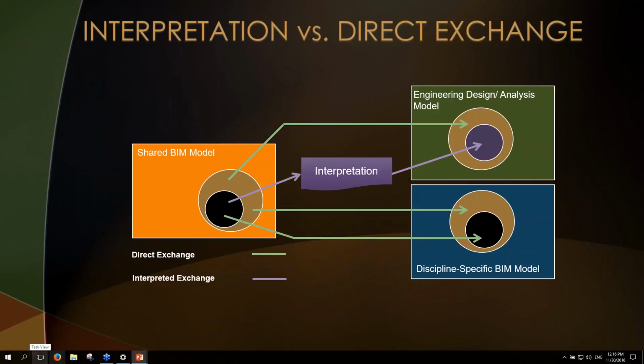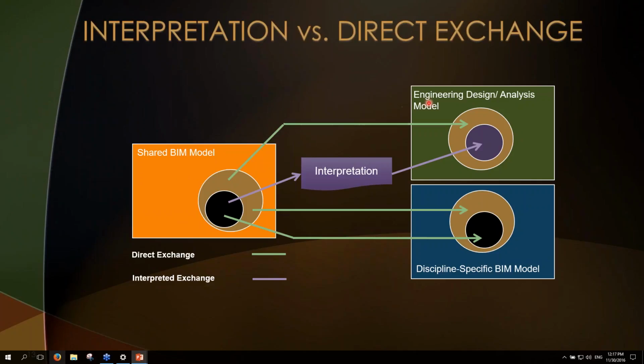So if you look at this figure, this is showing a shared BIM model and the engineering design analysis model. We have some information that is specific to the shared BIM model. If this is an architectural model, some architectural elements are specific to that model.